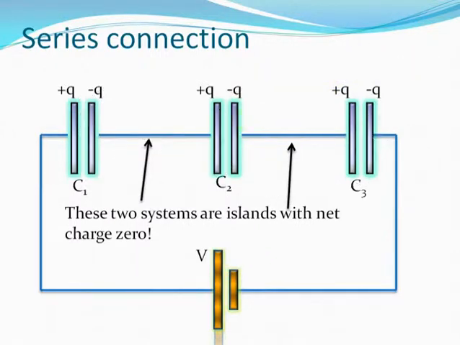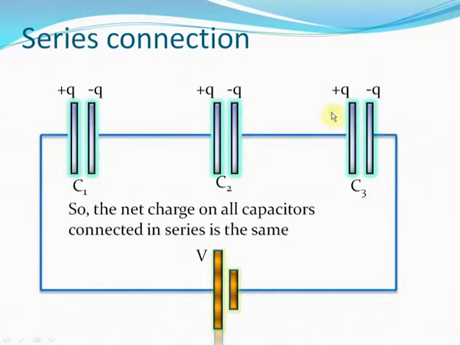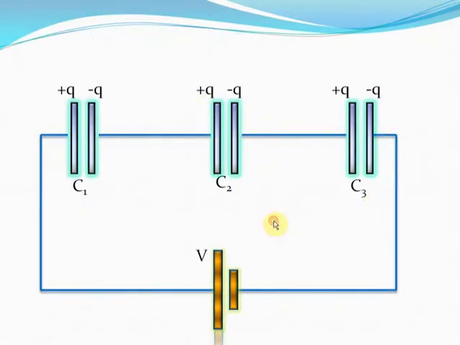And so that is the reason there will be a plus q charge and a minus q charge in the middle plates. And that is the reason why the charge on all the capacitors in a series circuit is the same. Here we go, plus q minus q, plus q minus q, and plus q minus q.